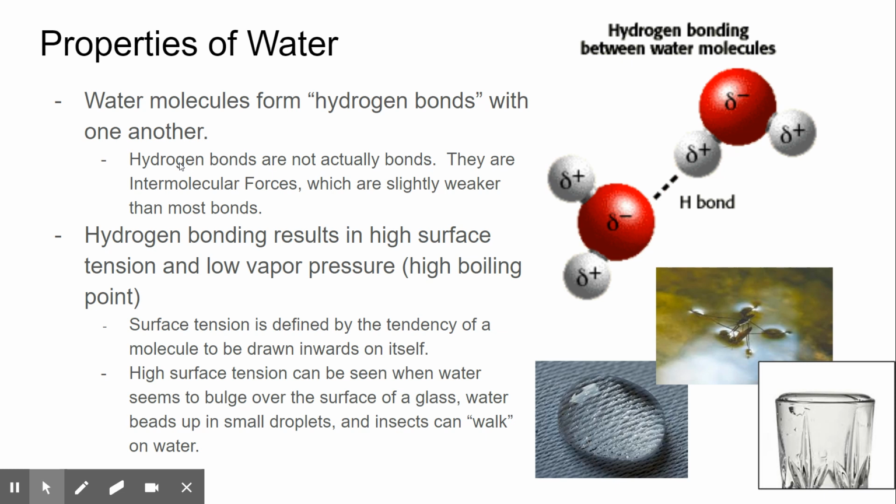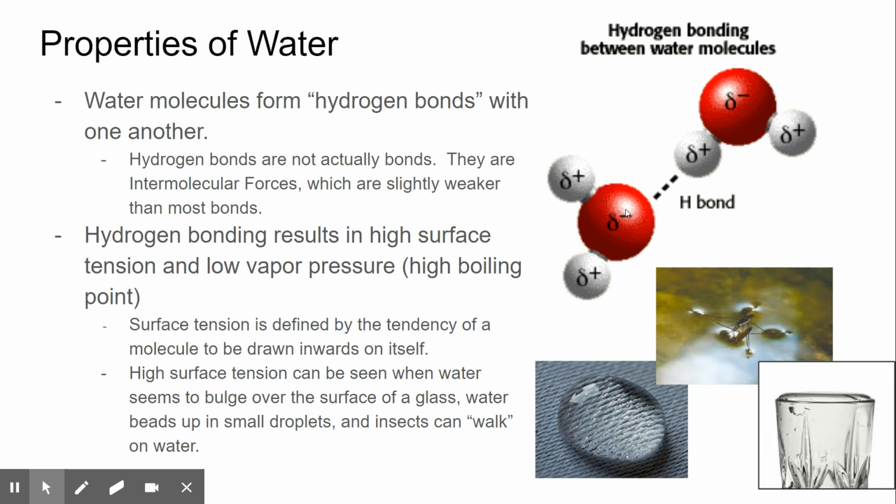Hydrogen bonding is a result of the positively charged hydrogen being attracted to the negatively charged oxygen of separate water molecules. So you have one water molecule here, another water here. The hydrogen of one is attracted to the oxygen of the other. It makes sense, right? Opposites attract.